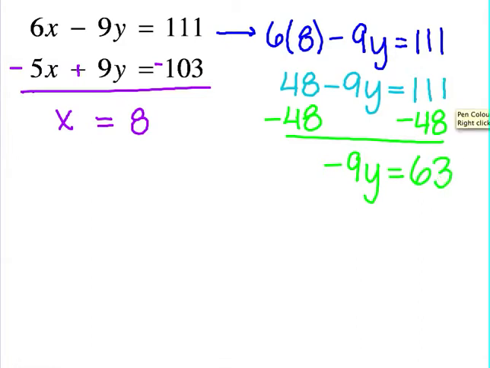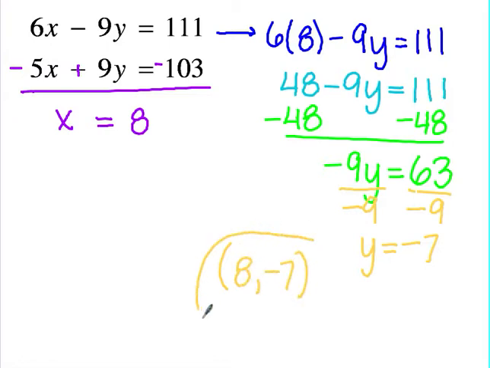So now what do I need to do? Divide by negative 9. So what do I get y to equal? Negative 7. So my ordered pair is 8, negative 7. Good. Questions?